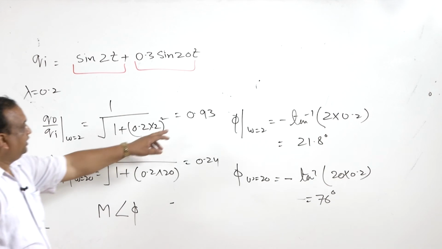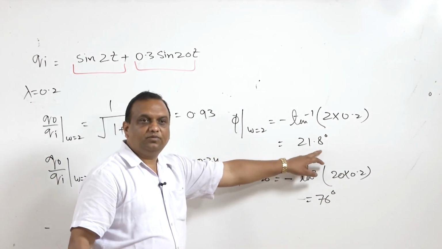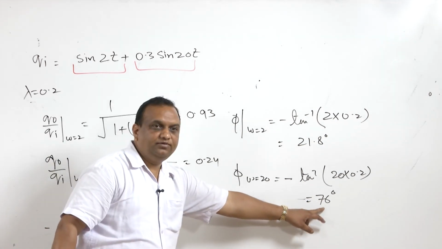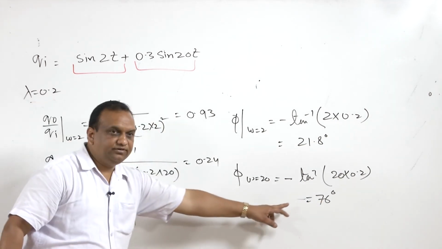So the ratio is 0.93 with a phase angle of 21.8, and 0.24 multiplied, with a phase angle of 76.